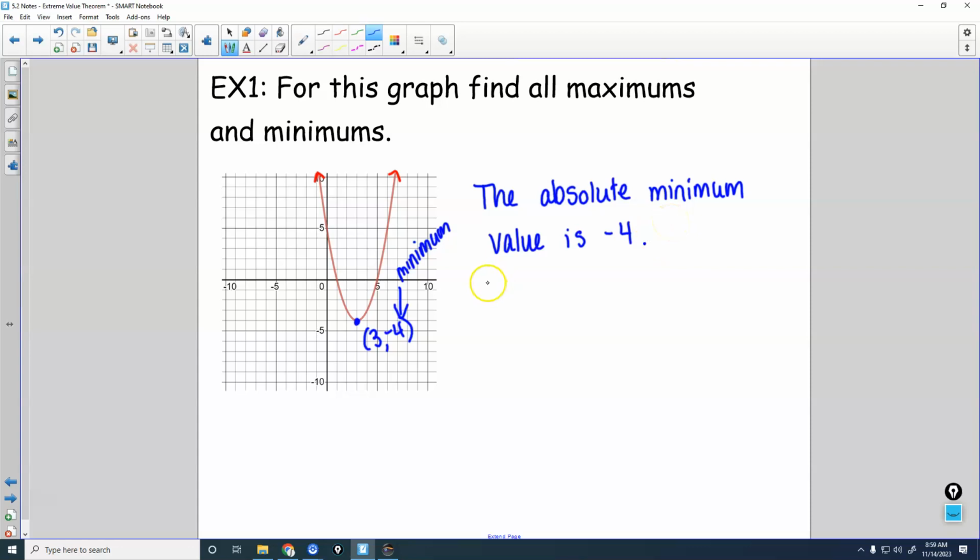We could say this minimum value occurs at x equals 3.